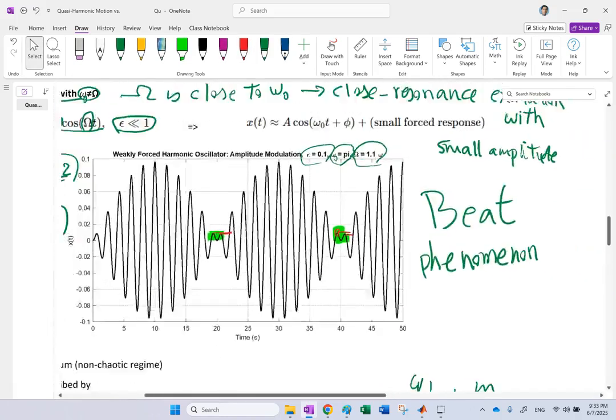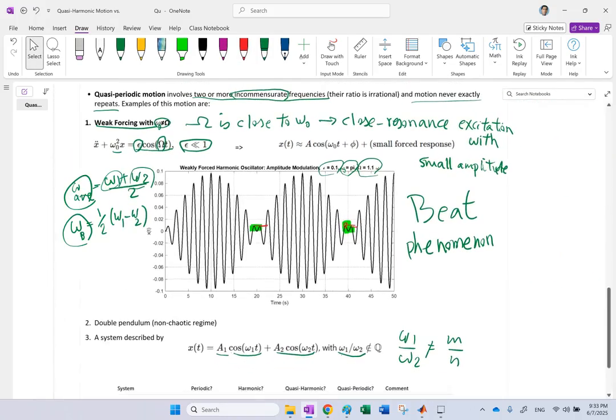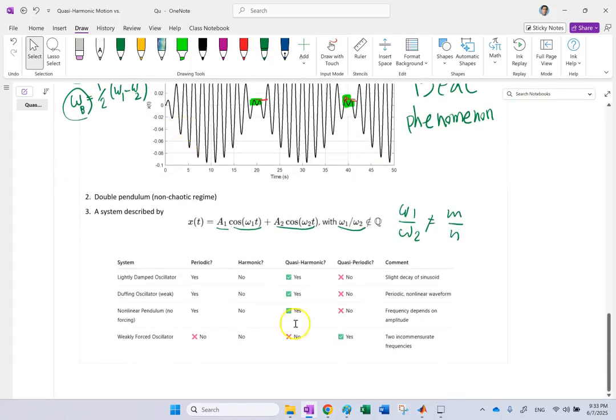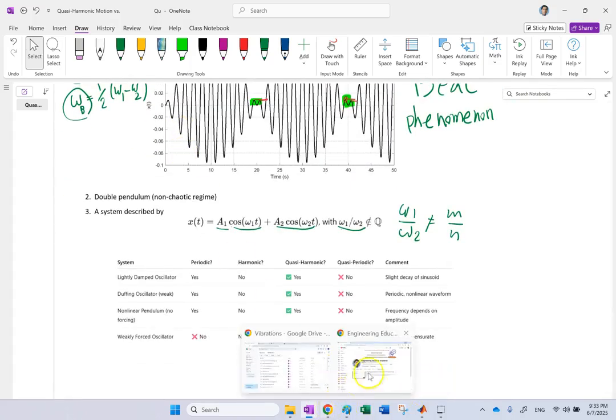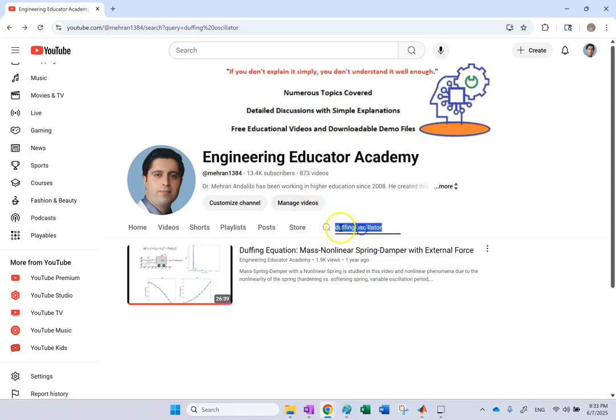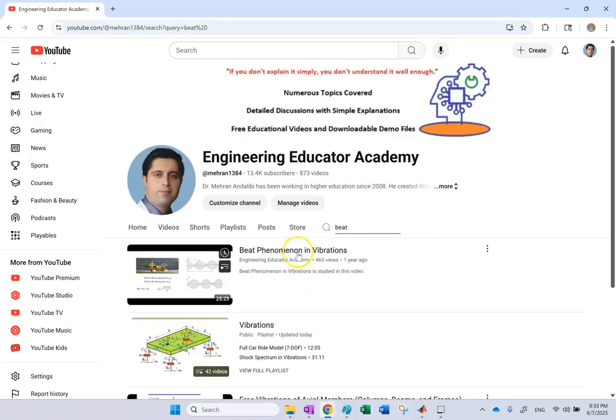This kind of motion is called quasi-periodic motion, and you see it in beats and in systems with weak forcing. Okay, and again, if you want to know that, all you need is to go to my channel under the playlist vibration and search for the beat phenomena, and there we go.